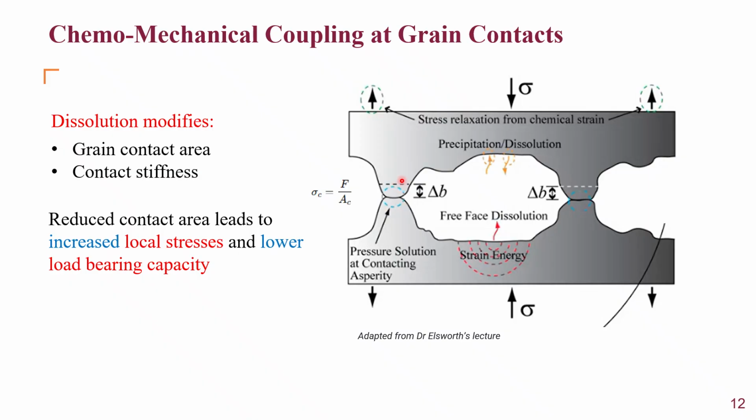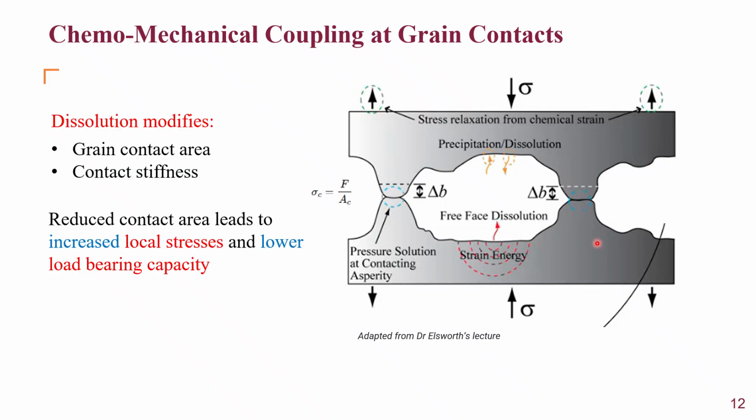Now, this reduction in strength can also lower the load bearing capacity of the formation altogether, because you are increasing the stresses on these very small areas as you are eating away the rock matrix. So this may cause some form of subsidence, which is not very common, but it's something that can happen, very subtly.